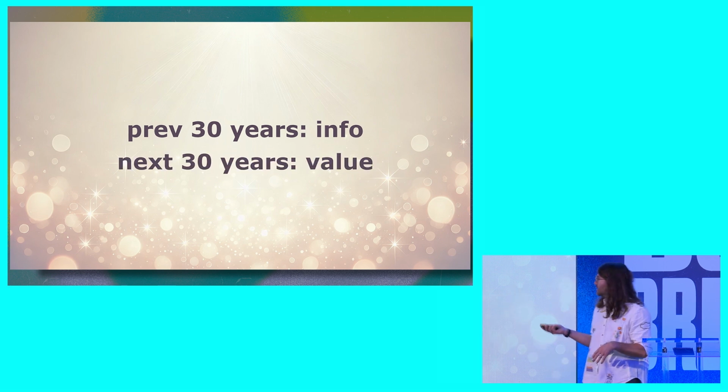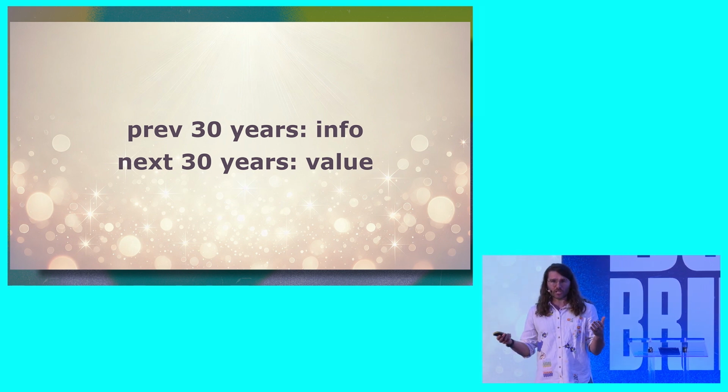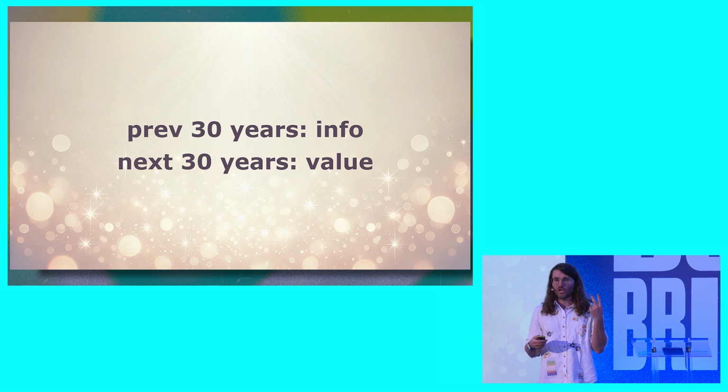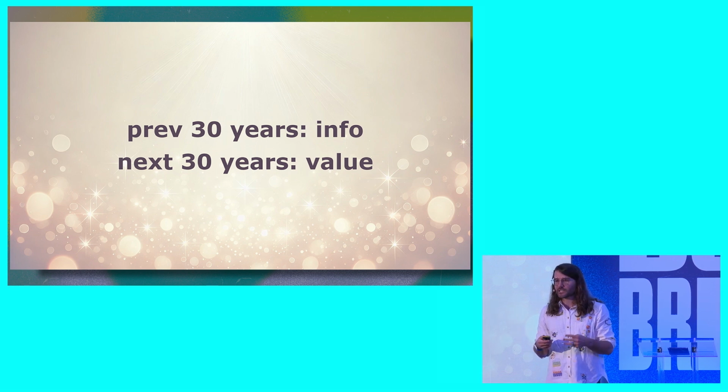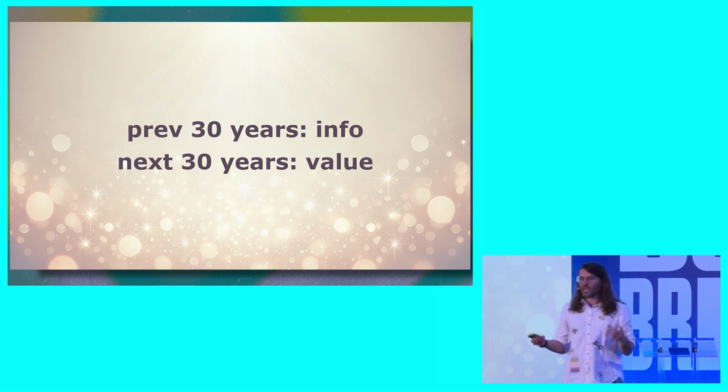I think over the next 30 years, I see a strong argument for value moving into software, into blockchains, in that same way. So money, ownership, governance, right? Anywhere you see rules around money moving around in the world, I think blockchains are a more useful way for that to happen.